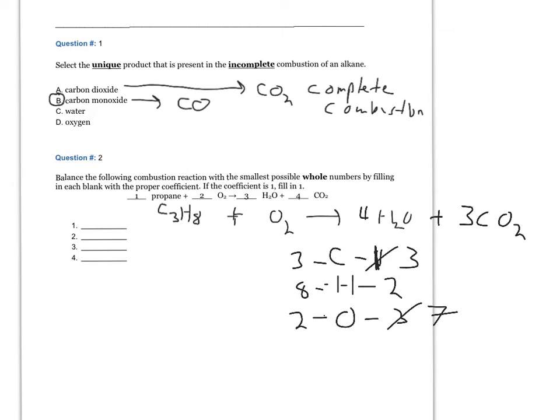Put a 4 there. 4 times 2 is 8. It's going to change the number of oxygen atoms again. 4 times 1 is 4, 3 times 2 is 6, 4 plus 6 is 10. So now the oxygens are out of balance. Need 10 on the reactant side. 5 times 2 is 10.